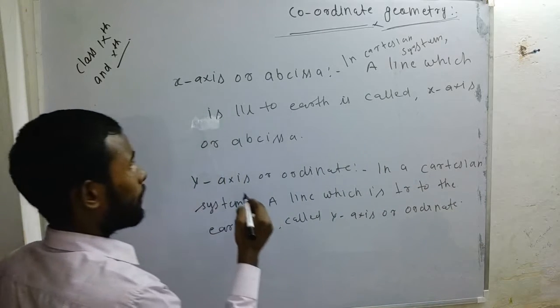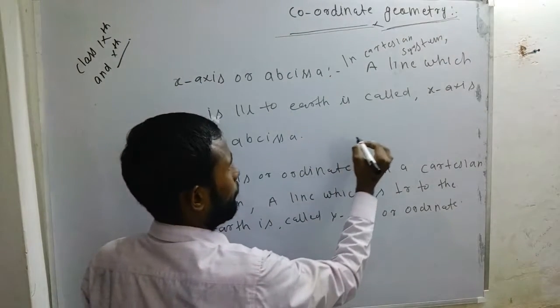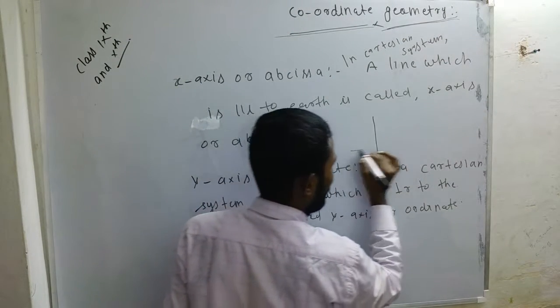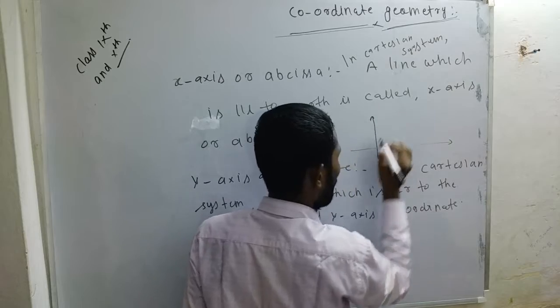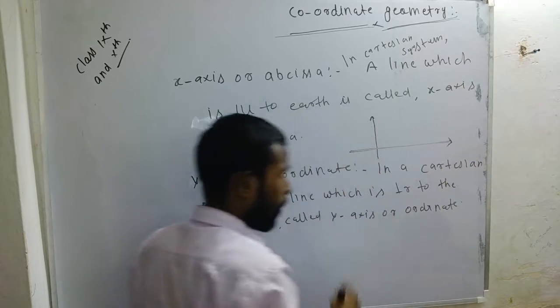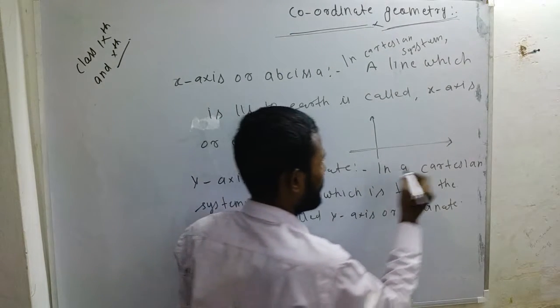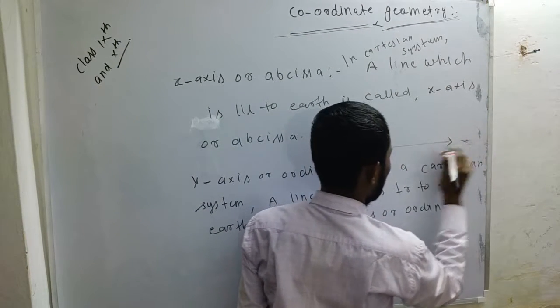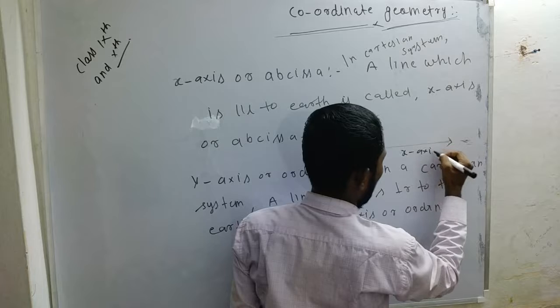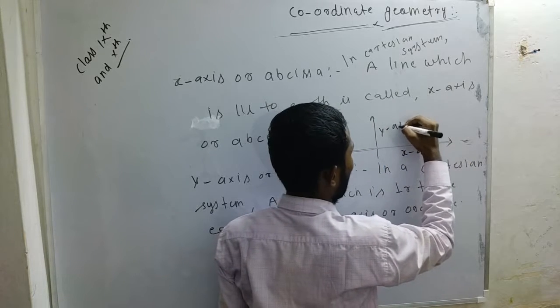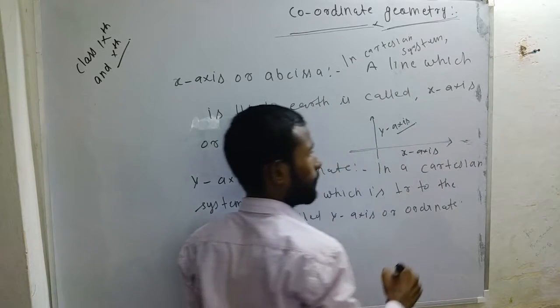That means for reference we can represent it. We observe that this line is horizontal to the earth, so it is called x-axis, while this is called y-axis. Clear?